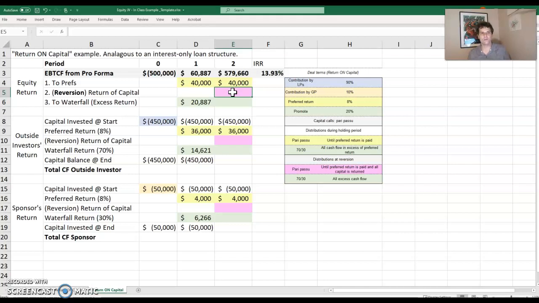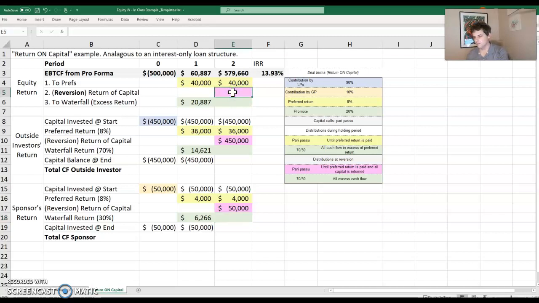Now we know that there's $500,000 outstanding, but I'll do this by investor. So we know that this has to be a $450,000 payment. That's what they have outstanding, right? We need to pay back the capital they had invested, and we have enough to do that. Likewise, we have to pay back the $50,000 that the general partners have invested as well.